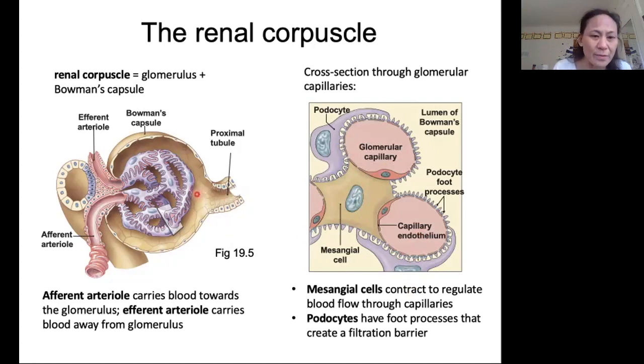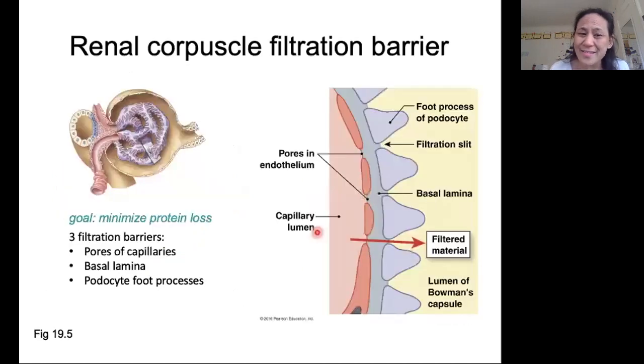We also have in purple here these cells called podocytes, and the podocytes are actually part of the epithelium of Bowman's capsule. They have these foot processes that come out and wrap around the glomerular capillaries as well, and they form a filtration barrier for the materials moving from the capillary into Bowman's capsule. Okay, so we'll get a closer look at that in this slide here.